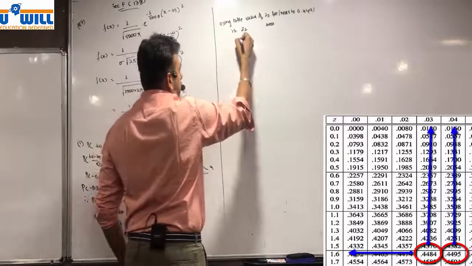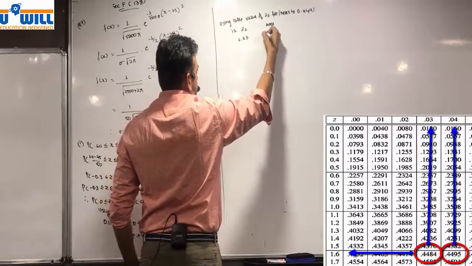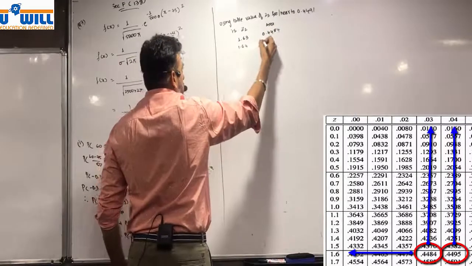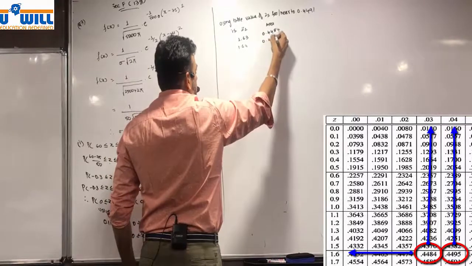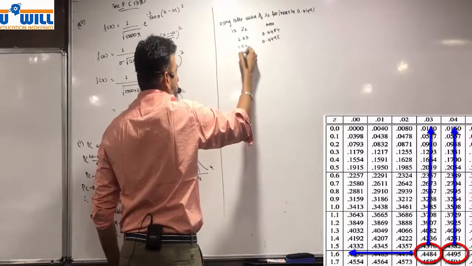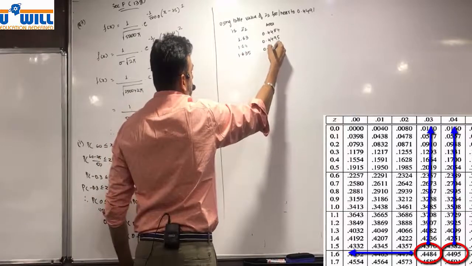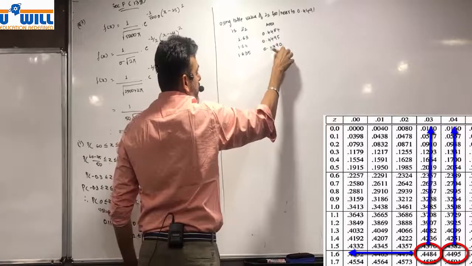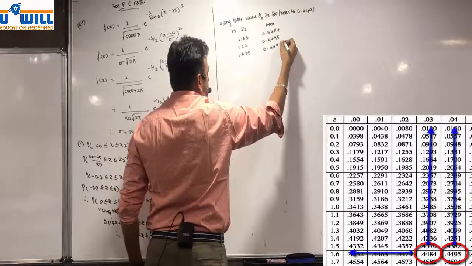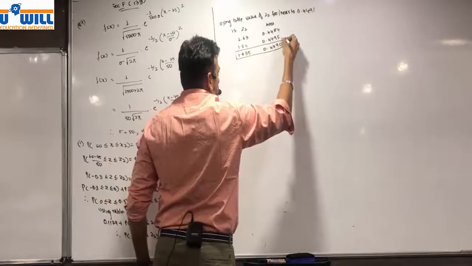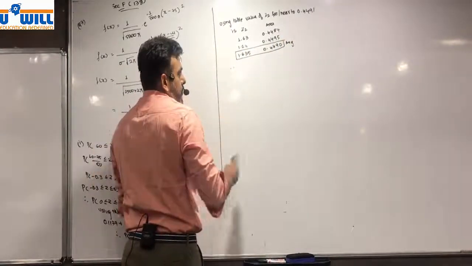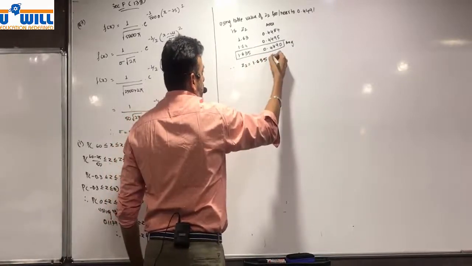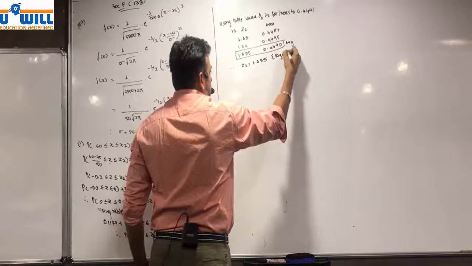Okay, z2 1.63, 0.4484, 1.64, 0.4495 and average 1.635, 0.4490. So this one is the nearest, which is the average. Therefore, Z2 is equal to 1.635. Positive because it's to the right.